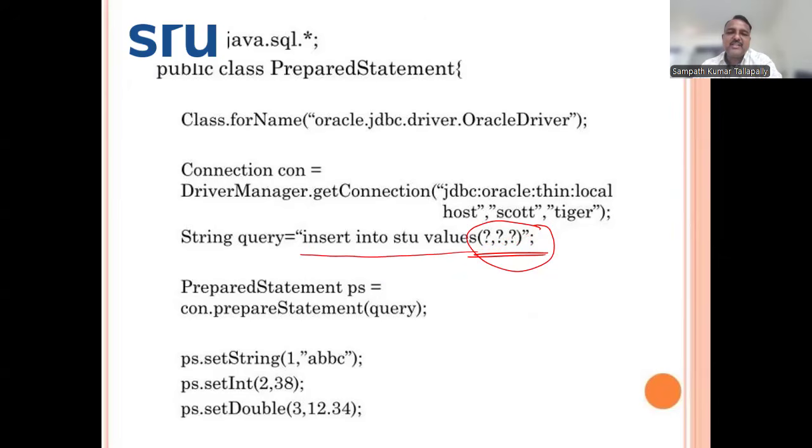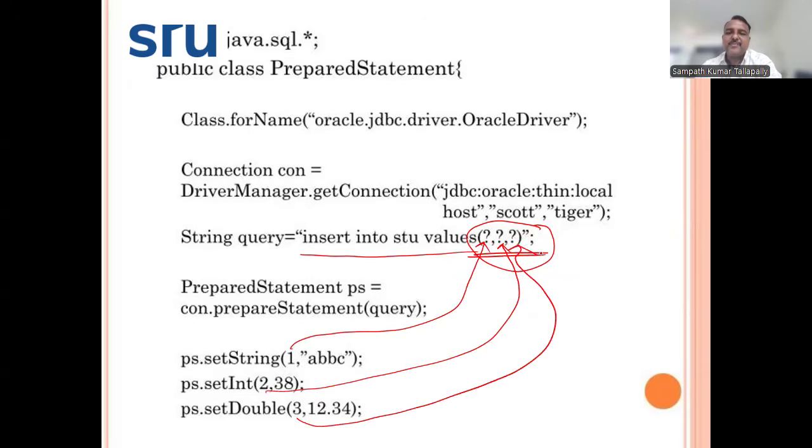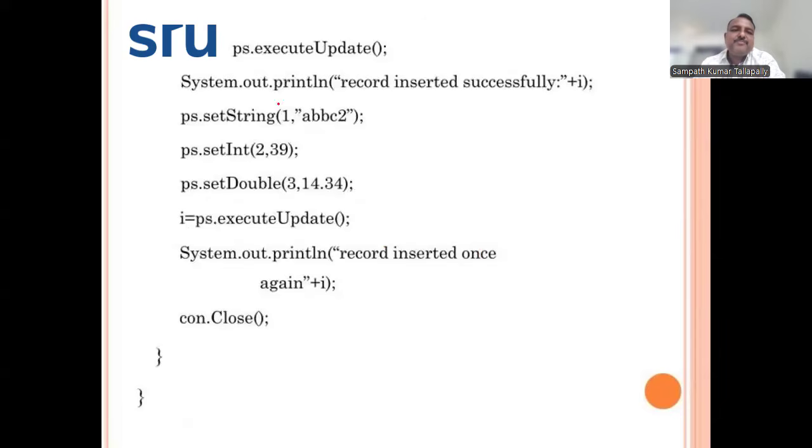So the first column value is going to fit here, this value here, and this value here. These are the things which we are going to update dynamically. We can give them using the method setString, or we can supply them dynamically. Then execute, so we are going to update.